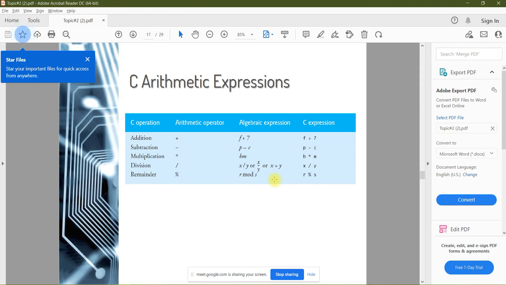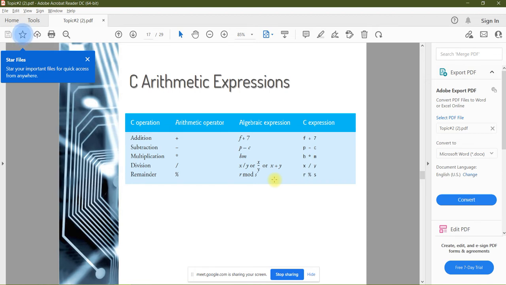Maybe the concept of remainder is new to you, but it is actually very important in the field of computer science. You will learn about that in your CSC 103, discrete structures.